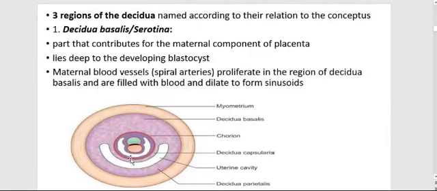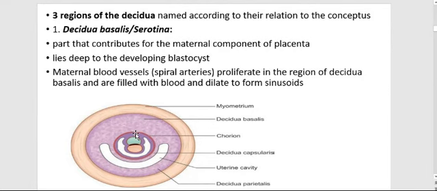So here we can see we have done a horizontal section of the uterus. This one shaded in purple is the decidua, and this is the endometrial cavity. This is the myometrium. And this we can see is the implanted conceptus, which is the blastocyst.